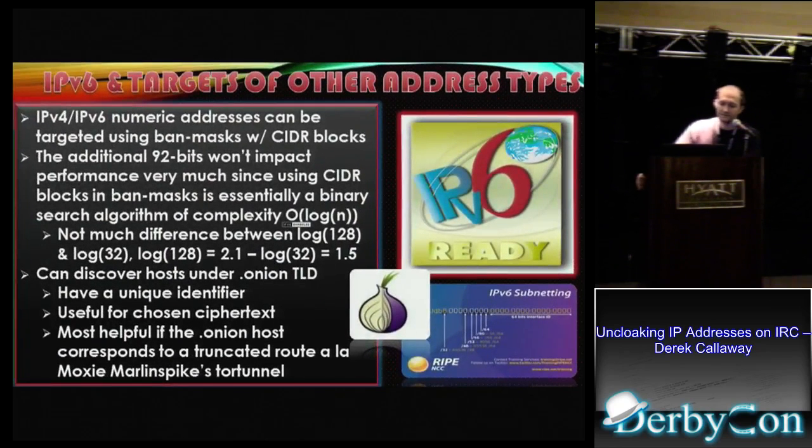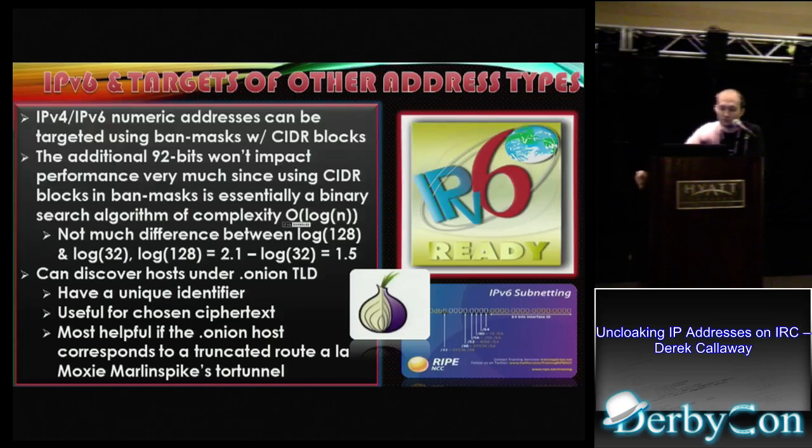And yes, this does work against Tor. It works against IPv6. And to decloak an IPv6 address doesn't really take that much longer using binary search, because the log of 128 bits isn't that much different from the log of 32 bits.